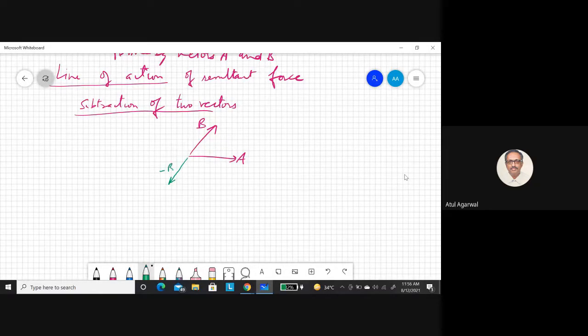So this is minus B. Now the summation of A and minus B will be the subtraction A minus B. So you draw a parallelogram. So this is your A minus B.